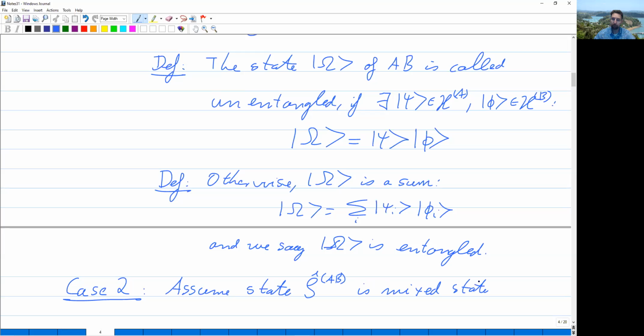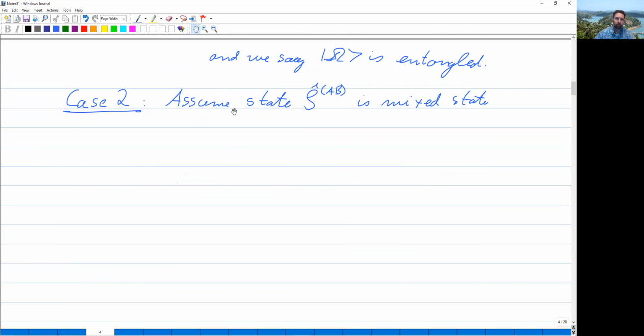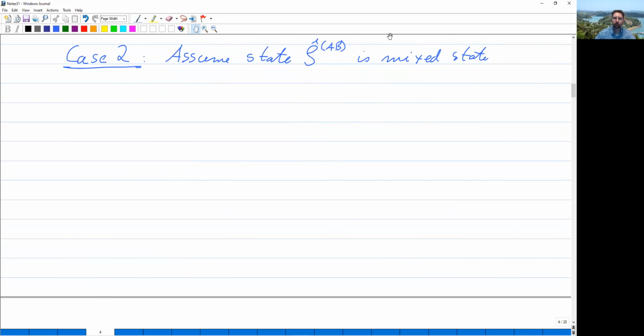Now, what's the definition then? And now the definition is that, well, first of all, let me just sketch something. Imagine that the two subsystems are in a state rho hat. I just give you the full definition right away.